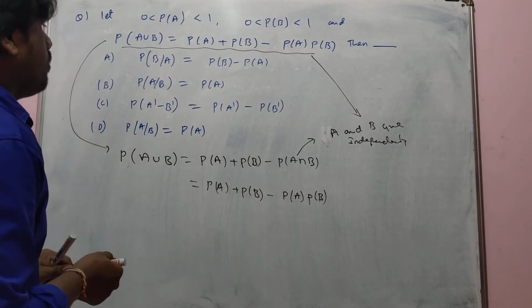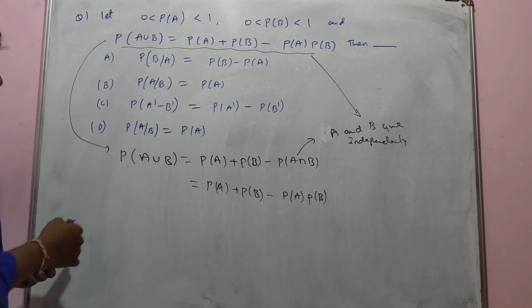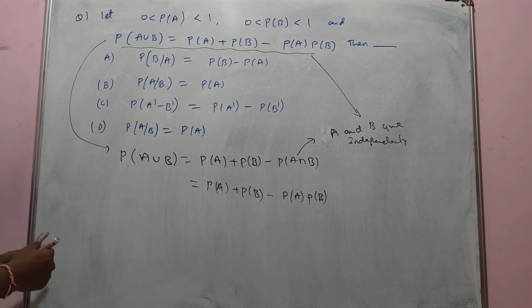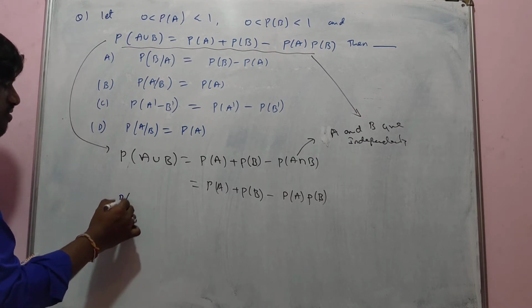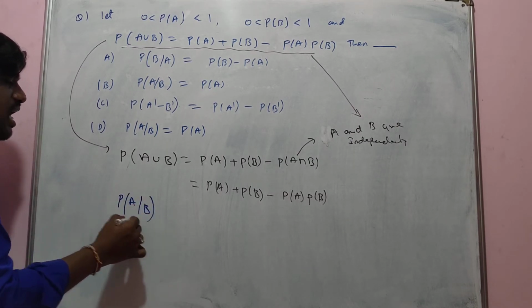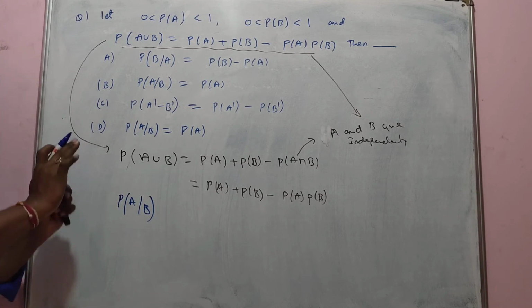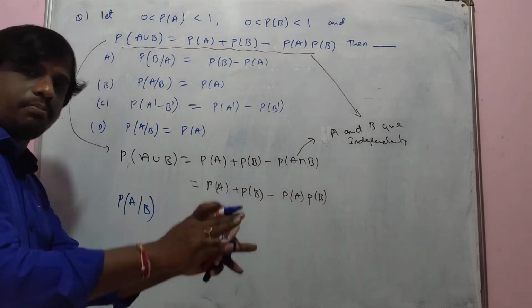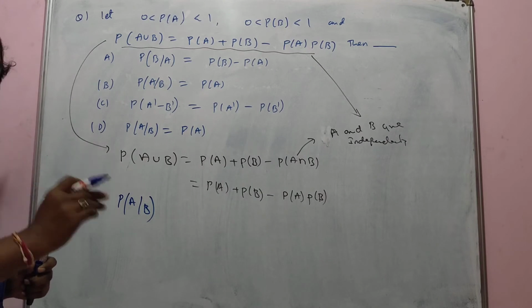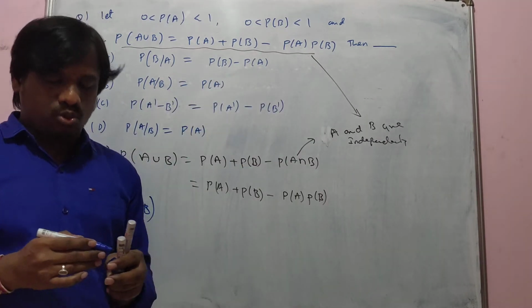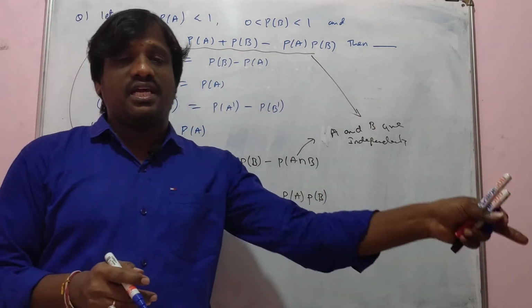If A and B are independent events, then the conditional probability of B when A has already happened is the probability of B, and the probability of A when B has already happened is the probability of A. If they are independent, the probability will not change. This is not going to affect the probability. Like I told you here, if you toss a coin you get a head or a tail.